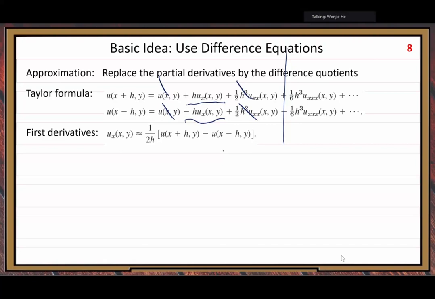There is some remainder part we omit, so we do not include the remainder part.